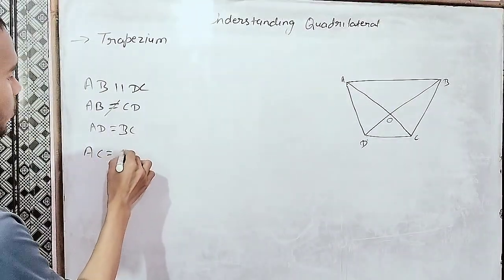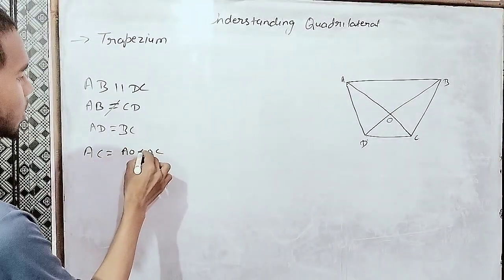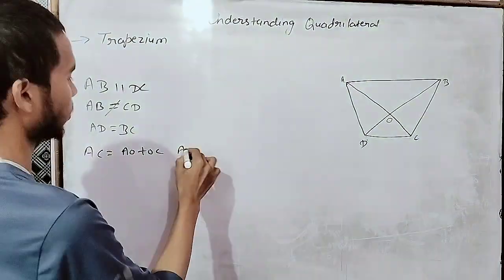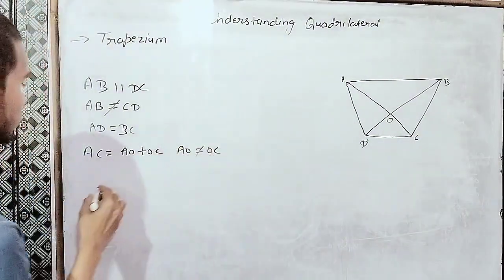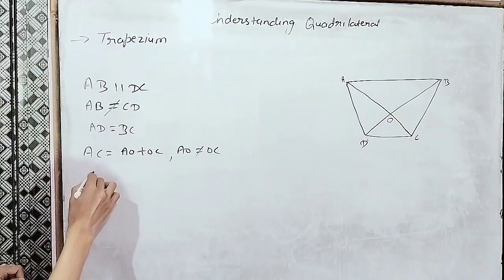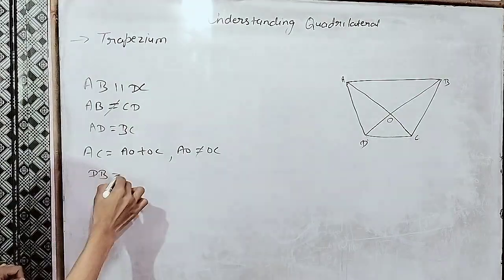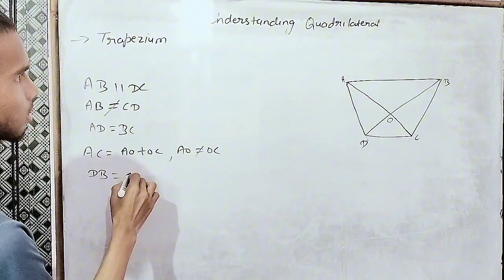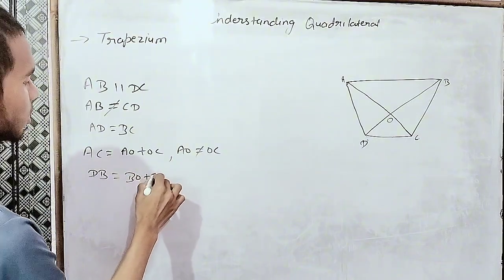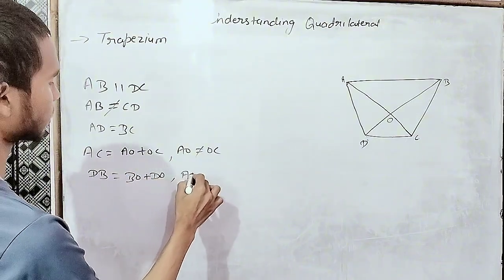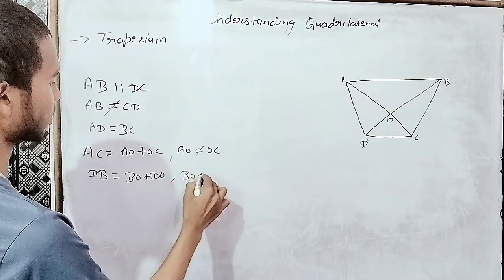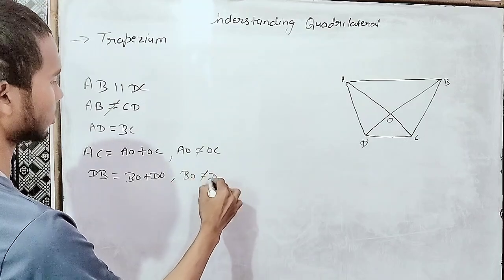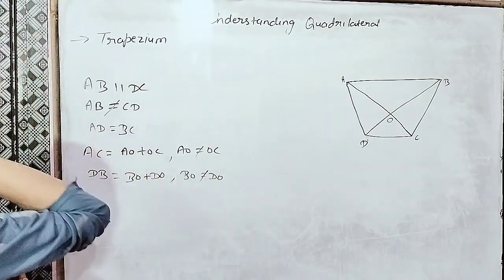AC is a diagonal, which is AO plus OC, and we can't say that AO is equal to OC. Next diagonal is BD, which is the sum of BO and OD, and we can't say BO is equal to OD.